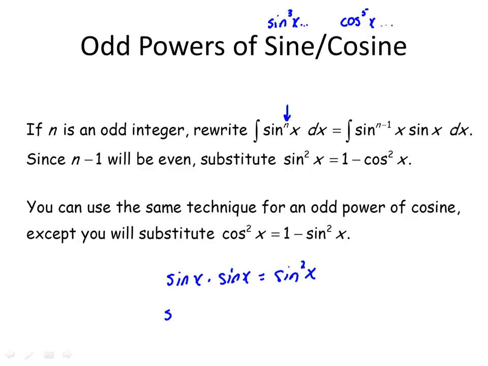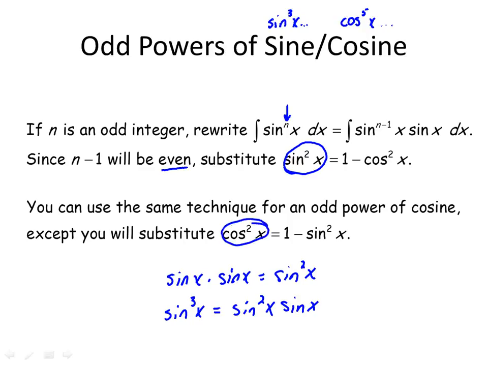So if I had something like sine cubed x, that would be the same as sine squared x times sine x. You agree? Same thing. So what are we going to do? Well, when you lessen it by 1, hopefully you're going to get an even power, and maybe you can make it into sine squared x. And that's what you want.